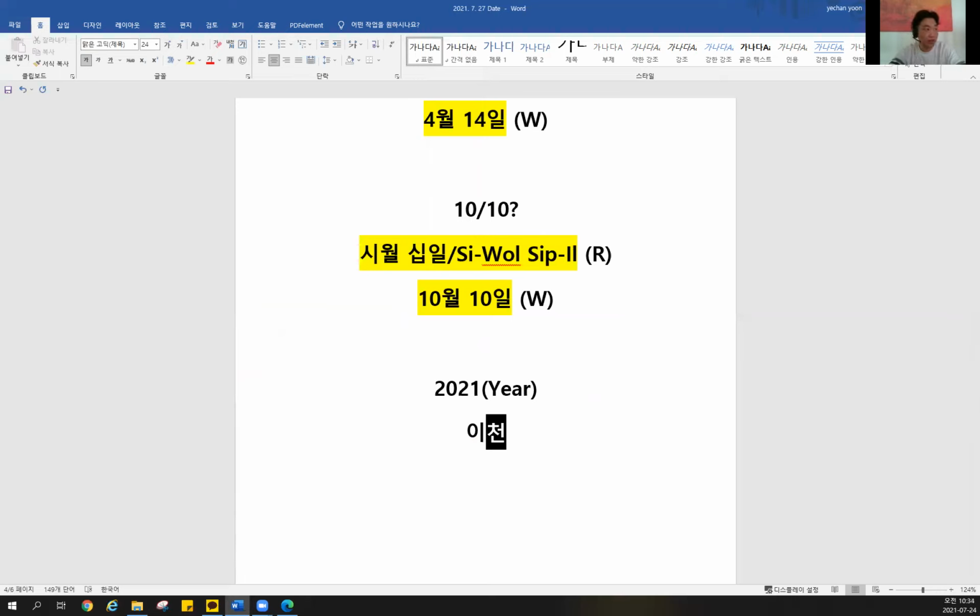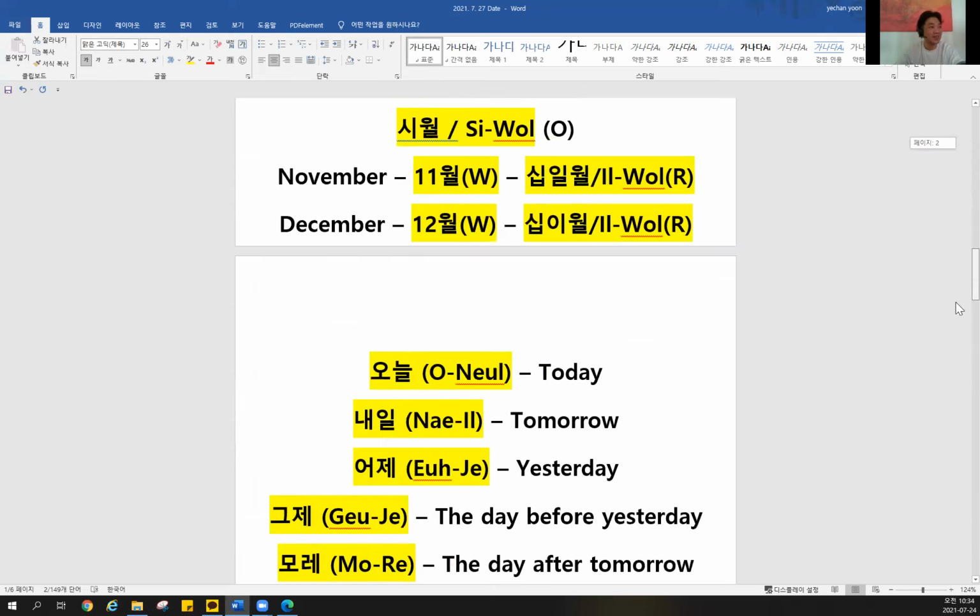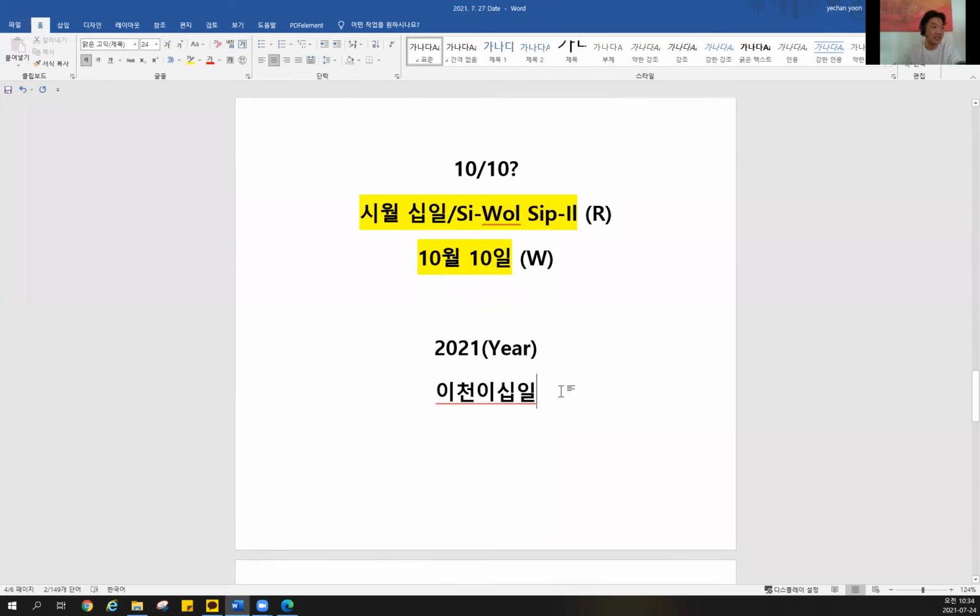So you can just skip it. And what's the next number? 2. So 이. And which position is it? That is the 10s. So 십. And what's the last one? 1. Correct. So 2021. How to pronounce the year? What is it? 년. Okay. So 2021년. This is how to write it down.